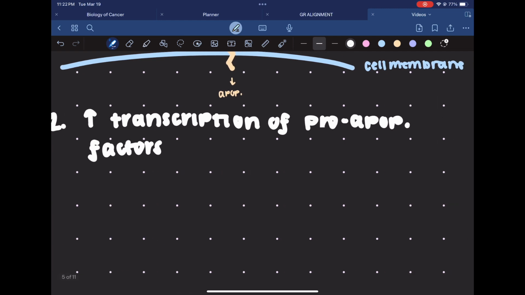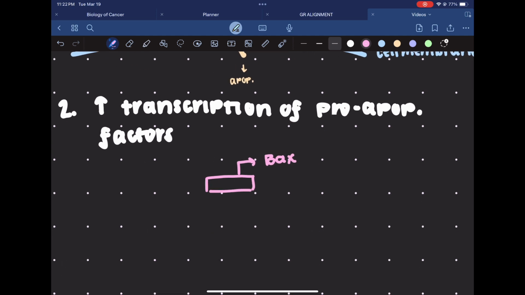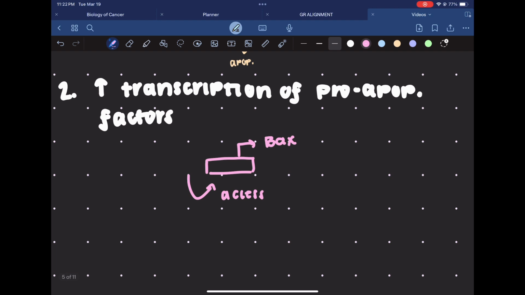Right? So when we go to transcribe our pro-apoptotic factors, maybe BAX is a good example of that, one thing that we need to be able to do is actually physically access the gene, and part of that is having the gene be acetylated.